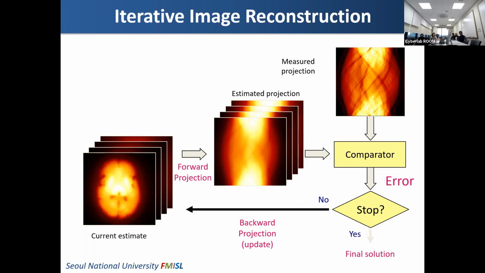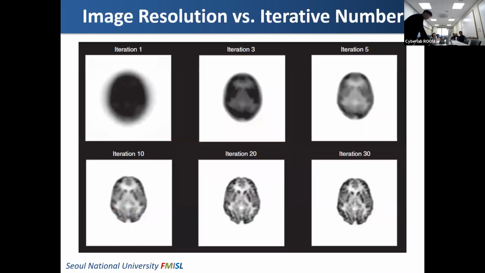We use this kind of iterative image reconstruction in almost all PET and CT scanners, because the image quality is much better than filtered back projection reconstruction. The reconstructed image depends on how many iterations we do.